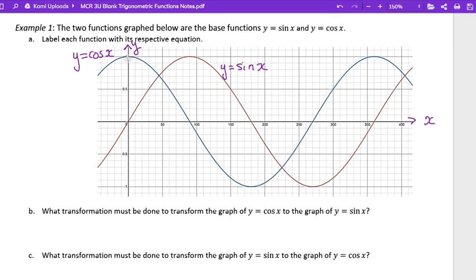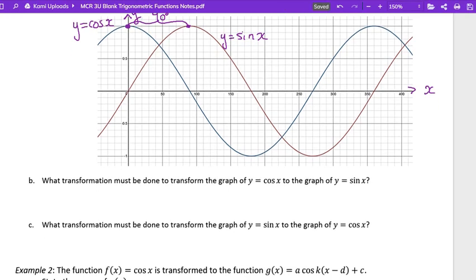So I'm choosing one key point. Maybe for the cosine function, I'll choose the peak. And I'm going to look at the horizontal difference between the peak of the cosine function and the peak of the sine function. How many degrees between them? 90.